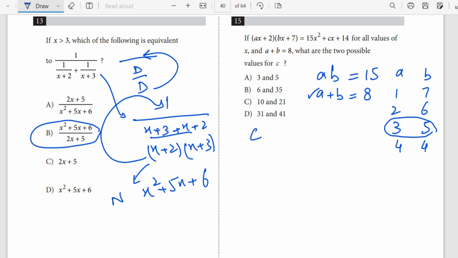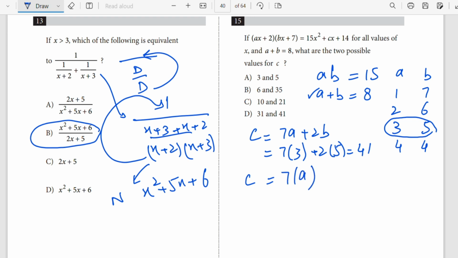So what is C now? The C is 7A plus 2B. So A is 3, 7 times 3 plus 2 times 5, that is equal to 31, and now 7 times 5 plus 2 times 3, that is equal to 41.